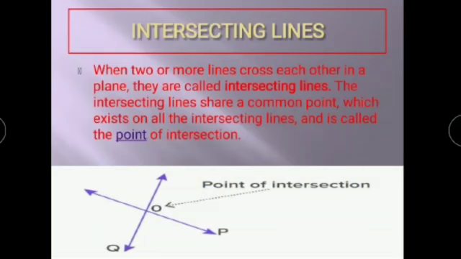Now we will discuss intersecting lines. When two or more lines cross each other in a plane, they are called intersecting lines. The intersecting lines share a common point which exists on all the intersecting lines and is called the point of intersection.